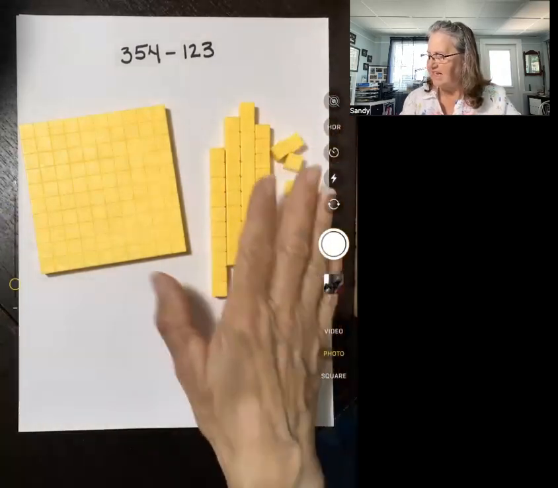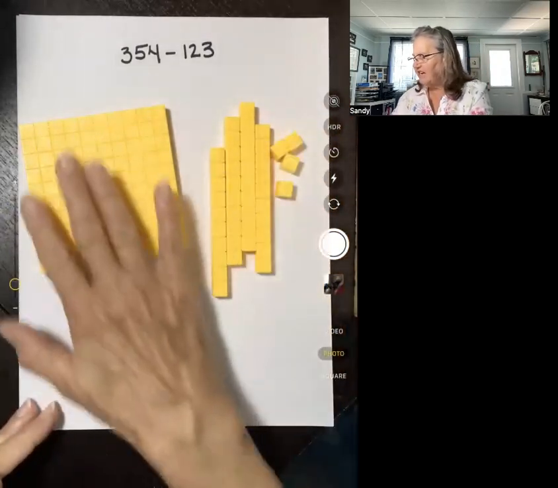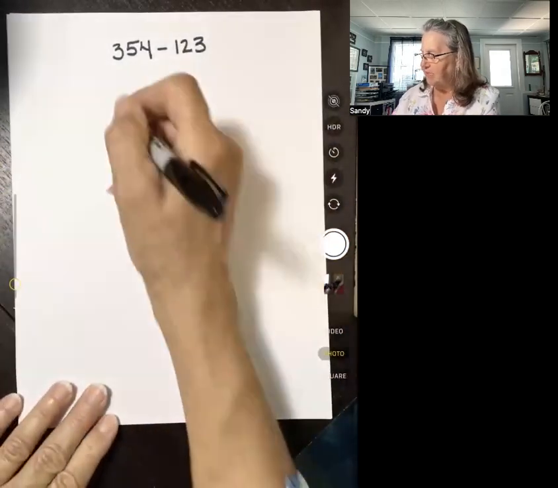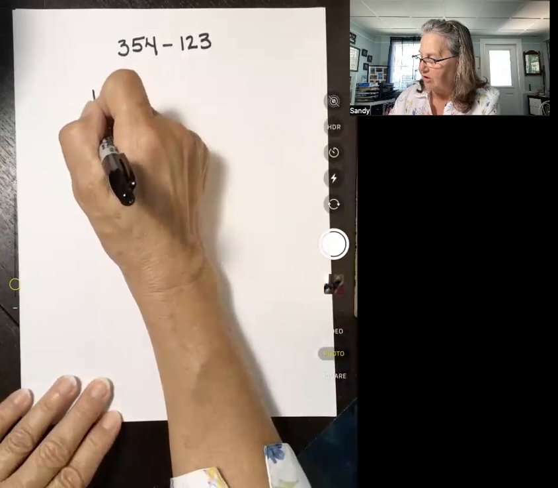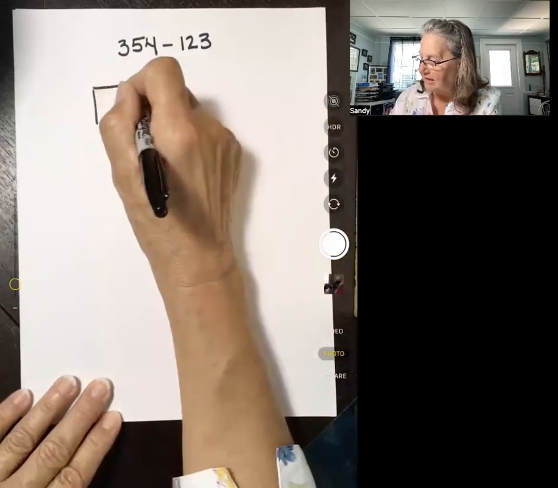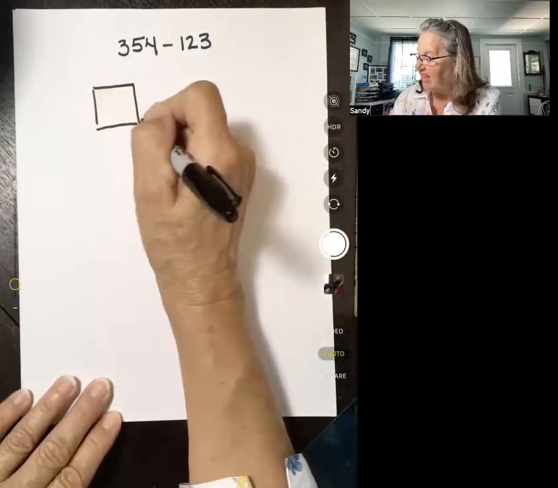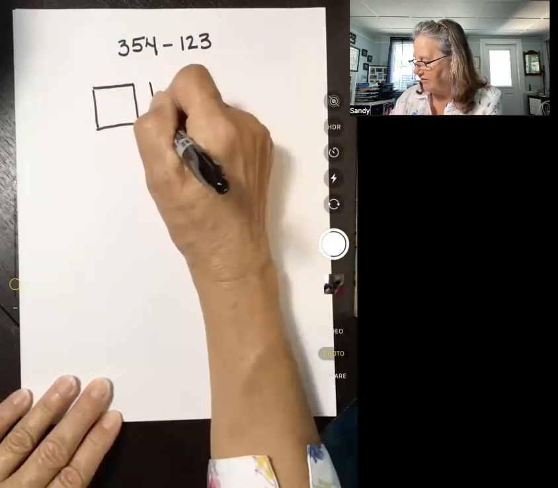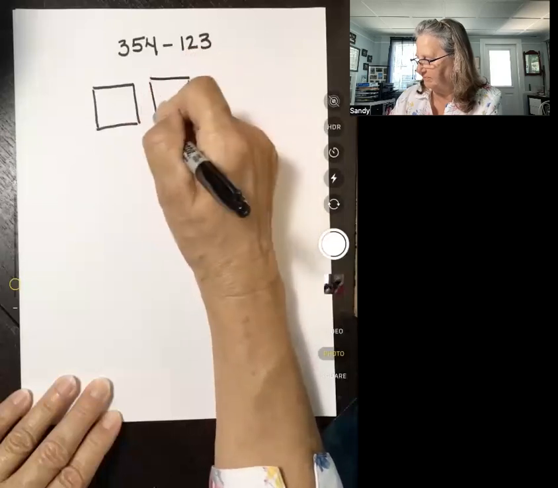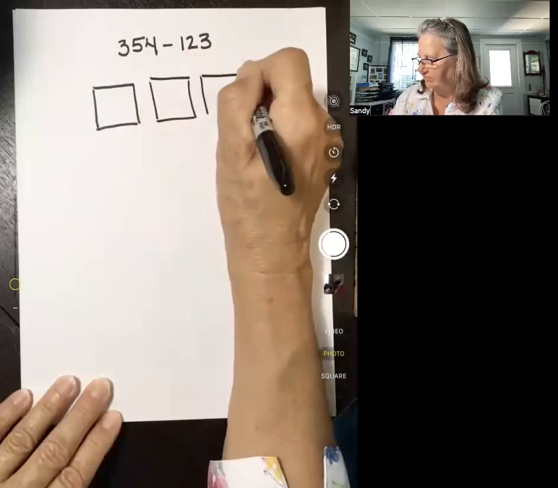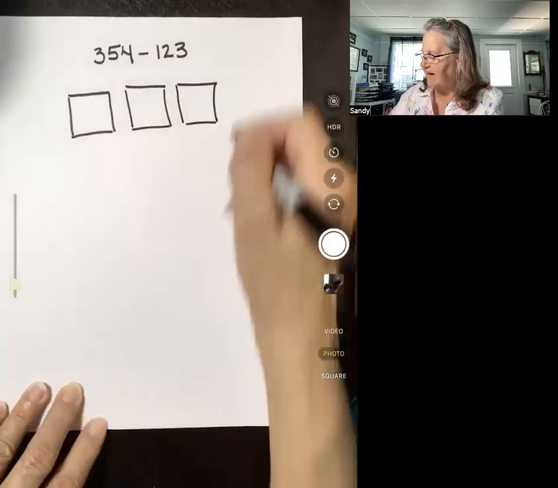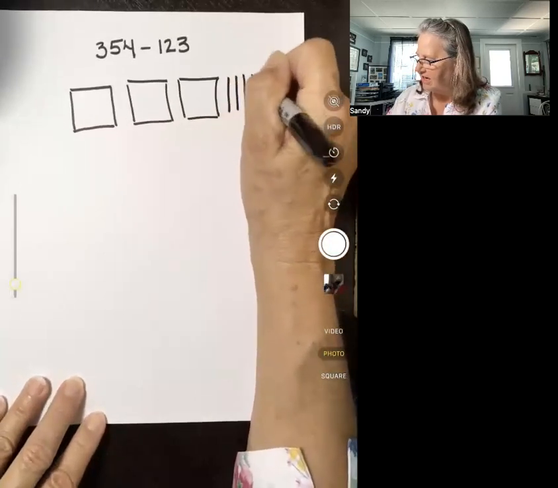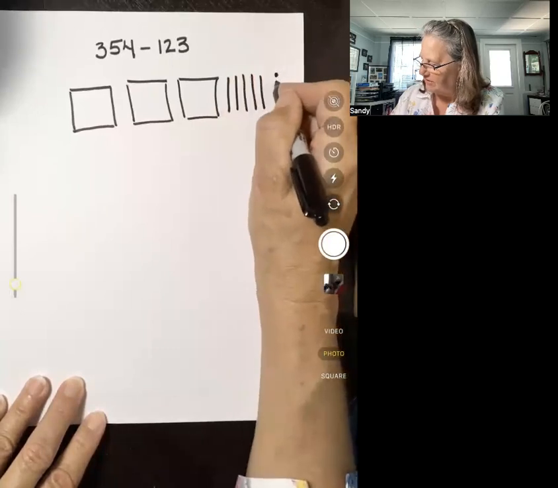And one of the key concepts we have, instead of me working with these materials right now, I'm going to draw the picture. Now, for me, for the hundreds block, that hundreds flat, sometimes you hear it called, I'm just going to draw squares. I've got 5 tens, and I'm going to draw the lines for tens and 4 ones.